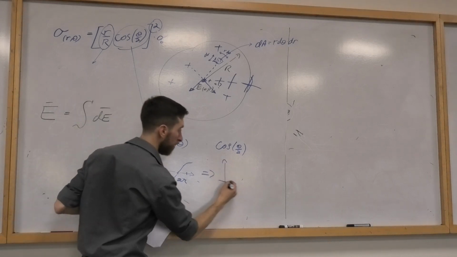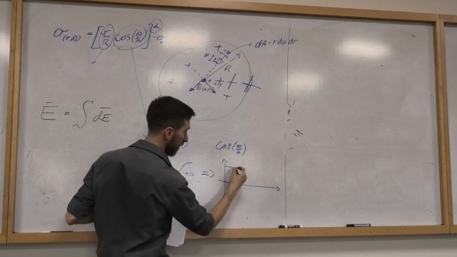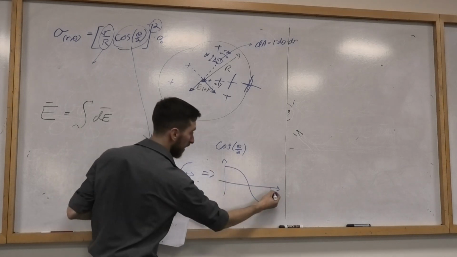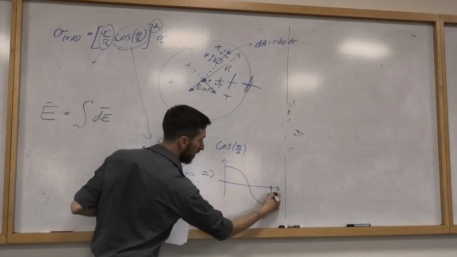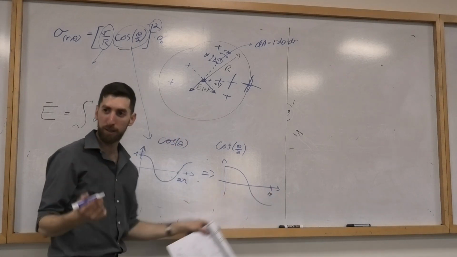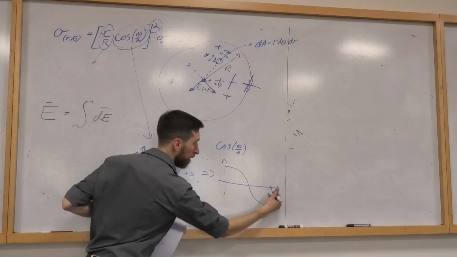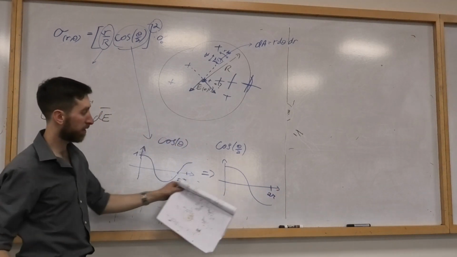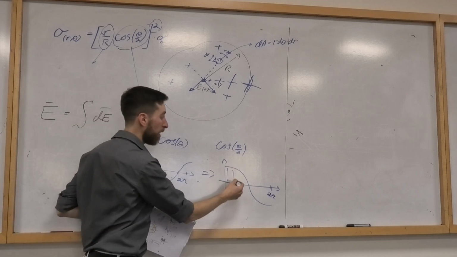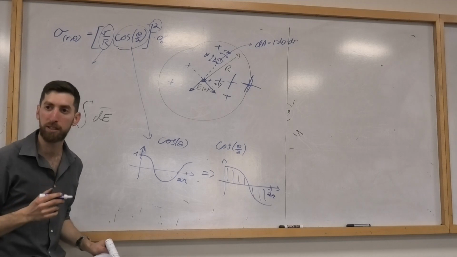So what is it going to do? It's going to do this thing, right? This is actually pi, but actually it's theta equal to 2 pi, right? So let's do it up to 2 pi. That's what's going to happen, right? And what I also see is that it's actually squared, right?